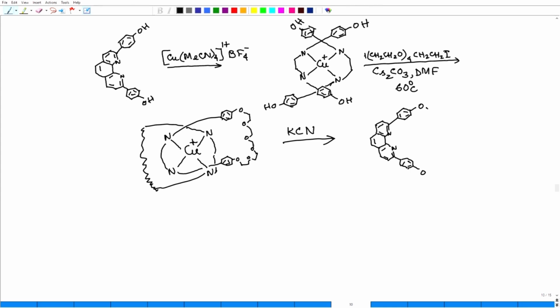Then 4 oxygens. I got this, and from the other one also, I got the other one also.